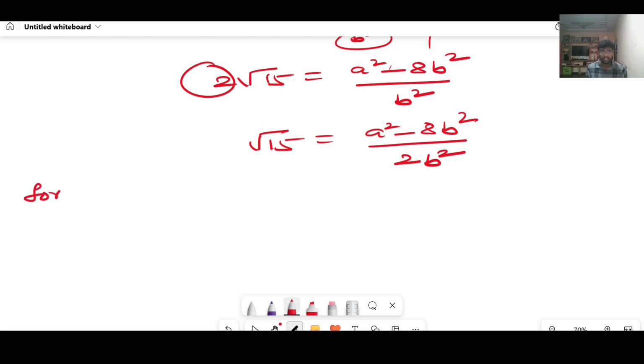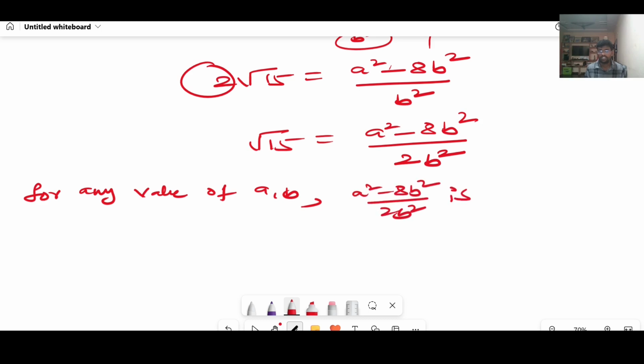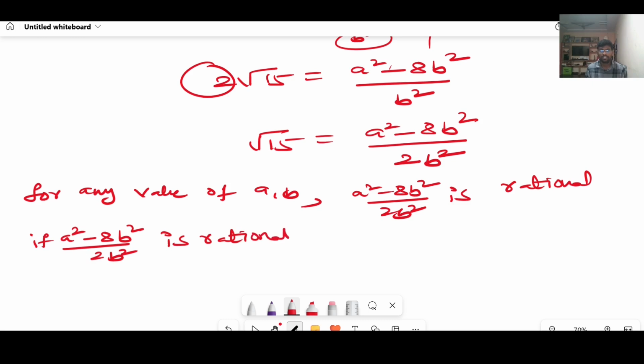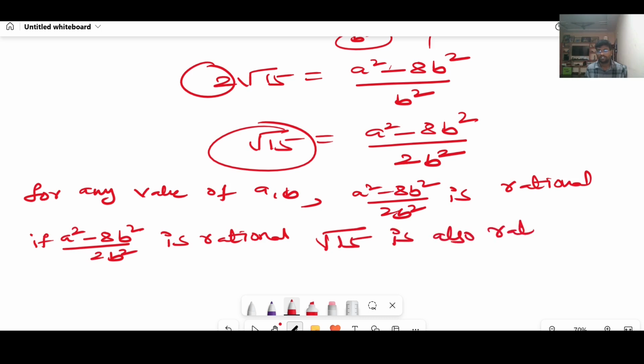Right. For any value of a, b, a square minus 8b square by 2b square is rational. If a square minus 8b square by 2b square is rational, left hand side will also become rational, root 15 is also rational, right?